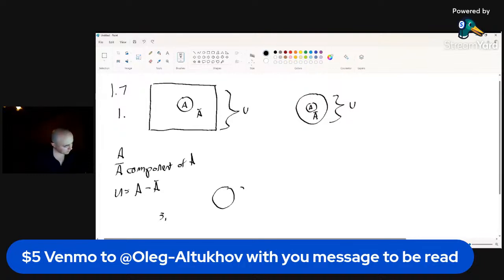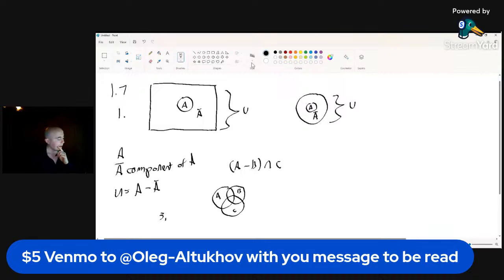Let's give them A, B, and C. The rule that the book has here, I'm going to write it out, is A minus B with an intersection of C.